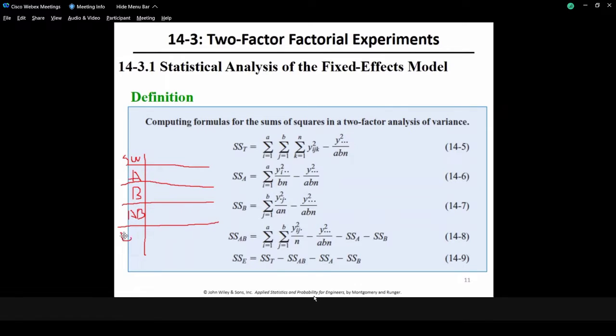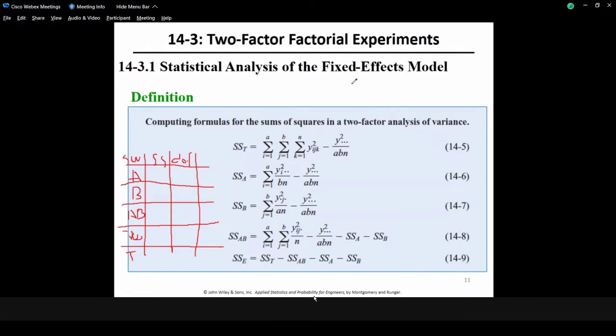I think by now you all must be able to visualize the ANOVA. Then you have SS, sum of square, and then degree of freedom, DOF, and then the rest. So this is your ANOVA table. So the formula is like this.